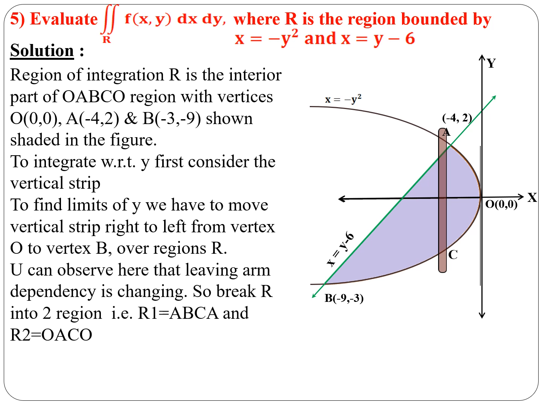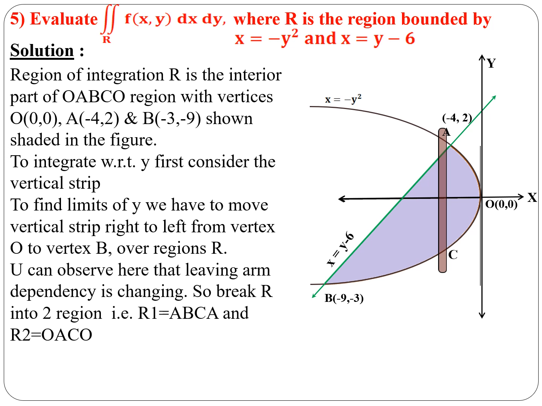We have to break the total region into these two regions, so we have to check from where the dependency is changing. You have observed that the dependency is changing at point A.